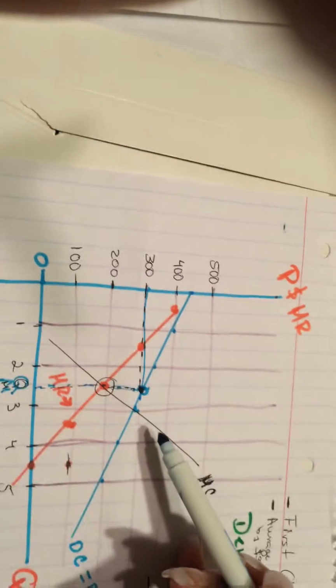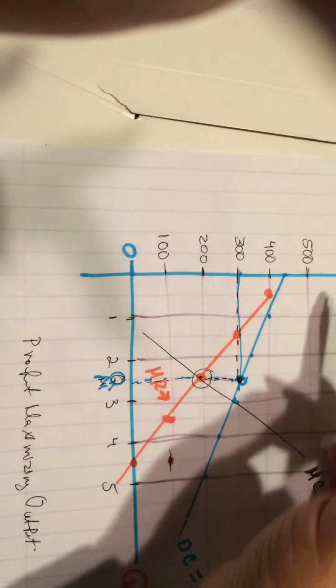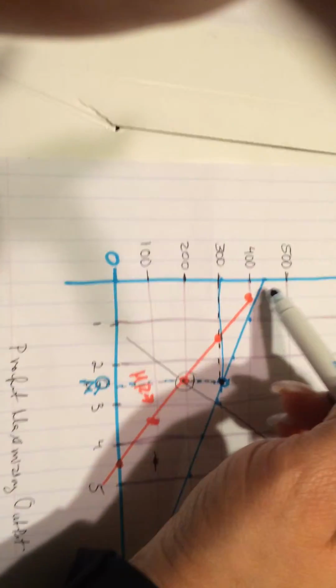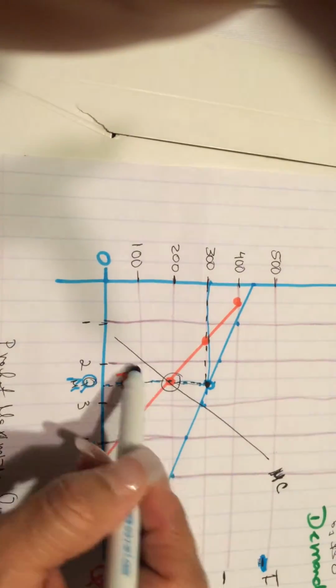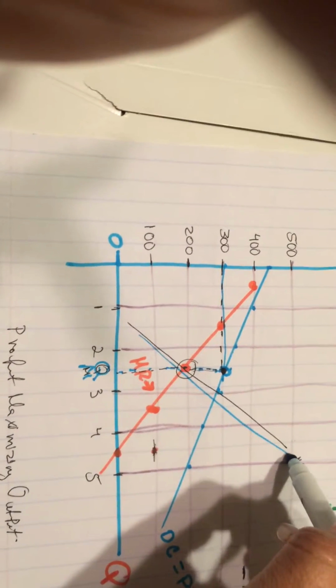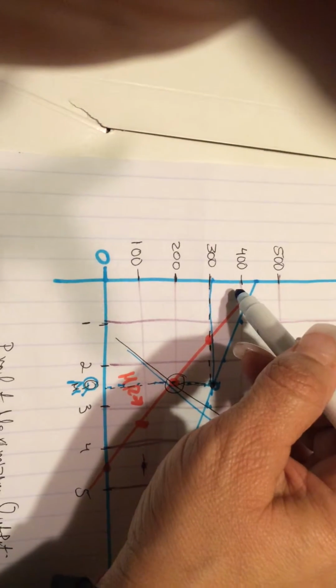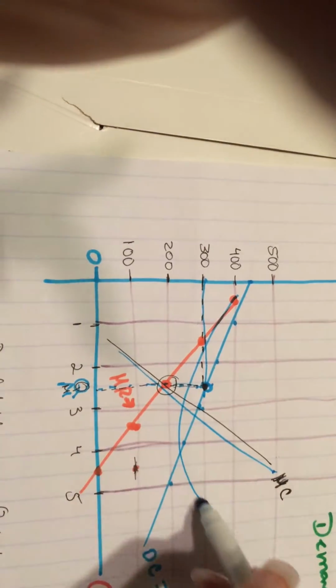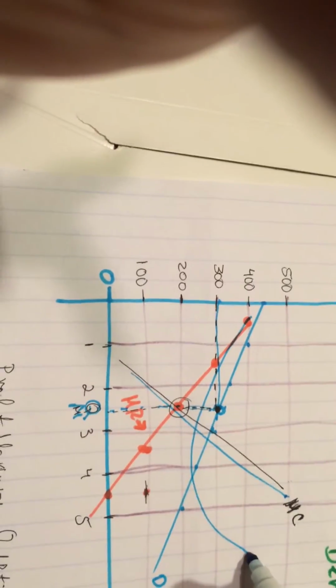So when we have our marginal cost and our average total cost, they intersect.